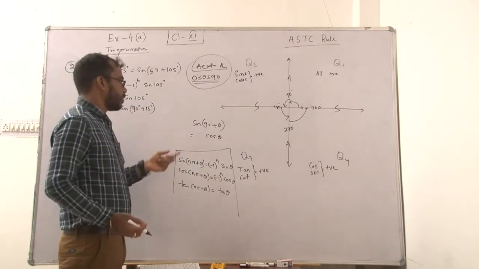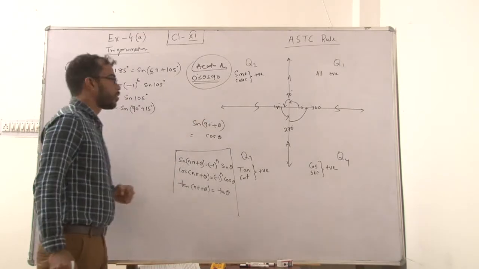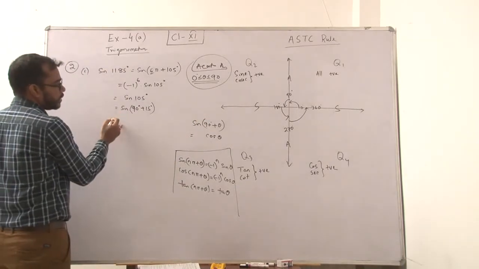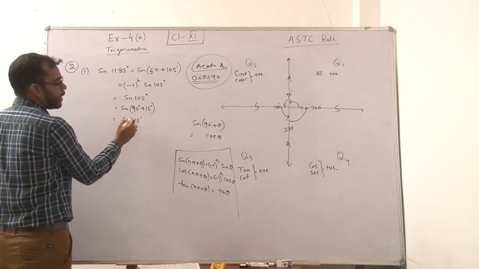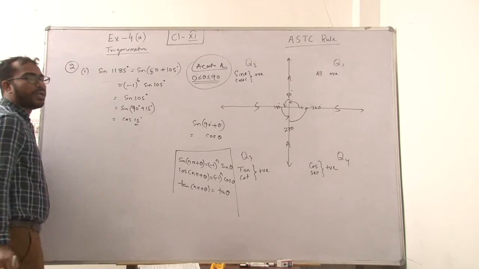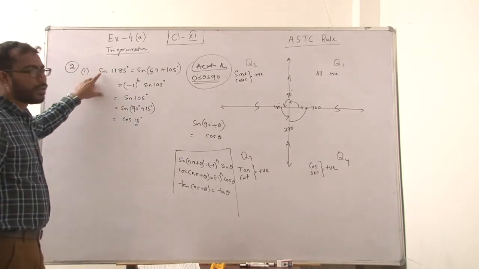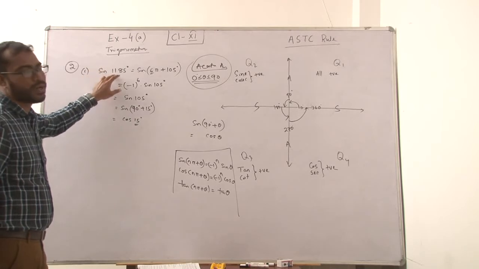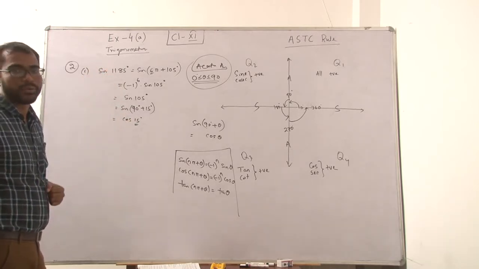So sine (90 + θ) is equal to cos θ. So you can write sine (90 + 15) is equal to cos 15 degree. But here you can see 15 degree is an acute angle. So now we have converted 1185 degree into an acute angle.